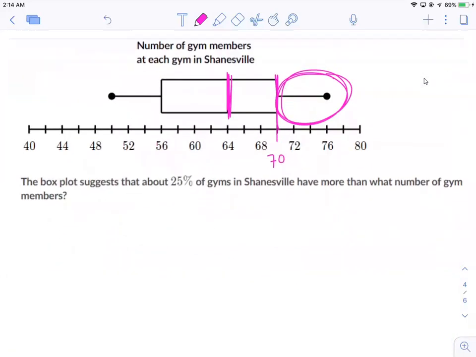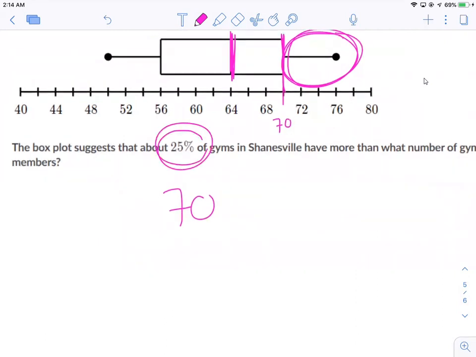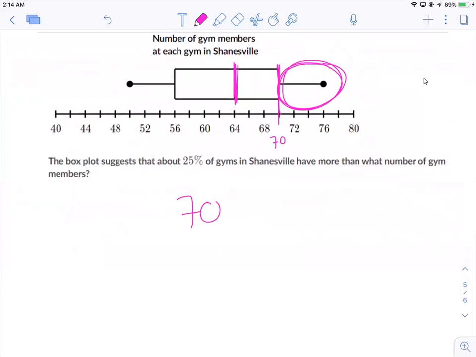So the box plot suggests that about 25% of gyms in Shanesville have more than 70 gym members, right? So this is not asking for the first quartile. It's not the 25th percentile, right? It's asking, again, what's the number of members it takes so that 25% of gyms have more than this number of members, right?